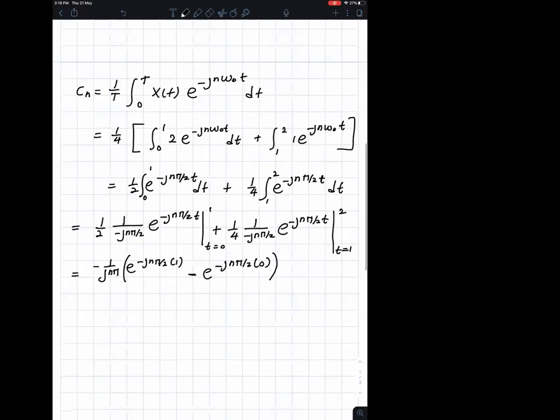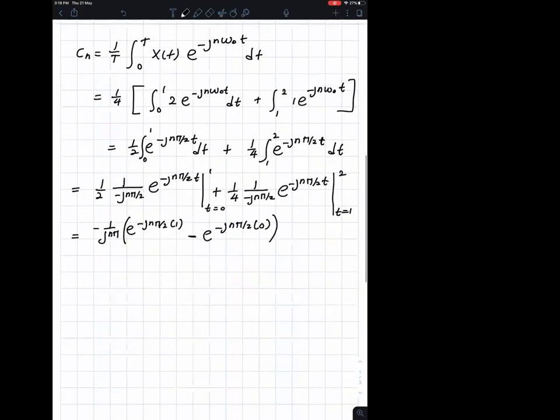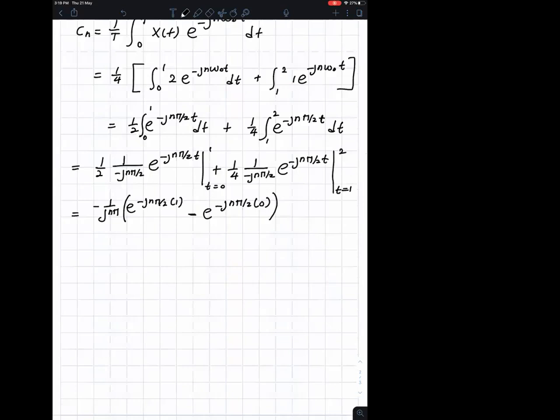The second part is 1/4, 2 over 4, it becomes 1/4, so 1 over 2, minus 1 over 2jn pi, and then plug in the upper limit.